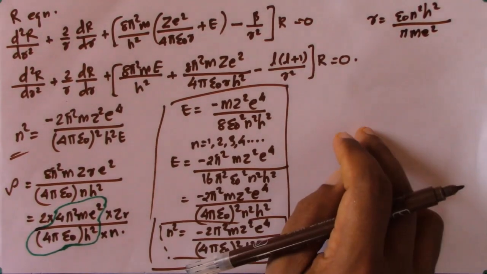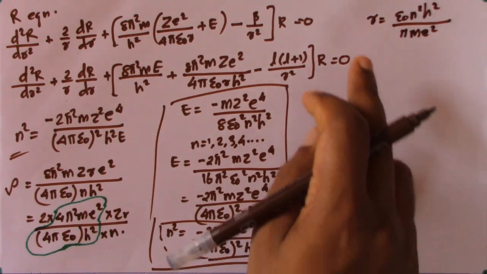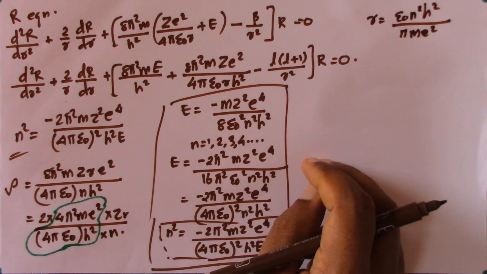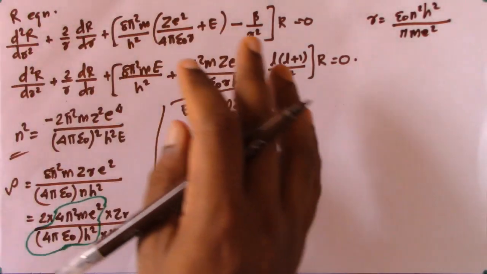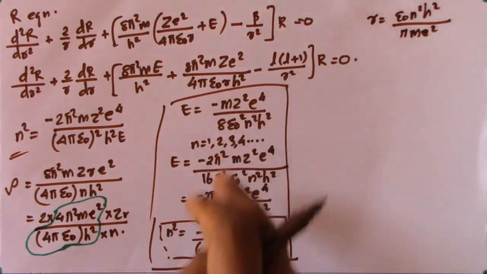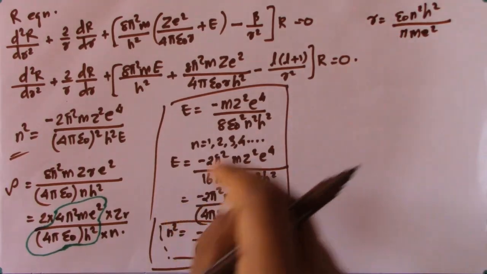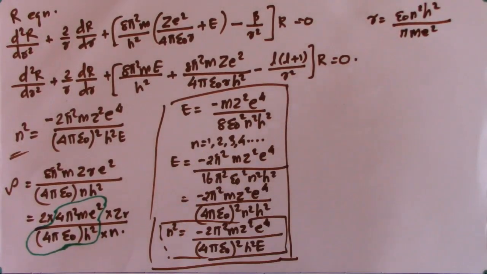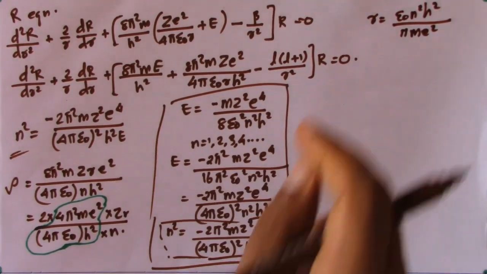If you don't know, you can go to a video that I have uploaded on YouTube in the channel Chemistry Nowadays. There is a video on the Bohr model. There you can see all this stuff in detail. So you can go there and learn how to derive the energy expression and how to derive the expression for the radius and all these things.